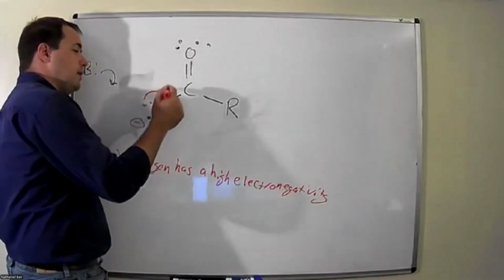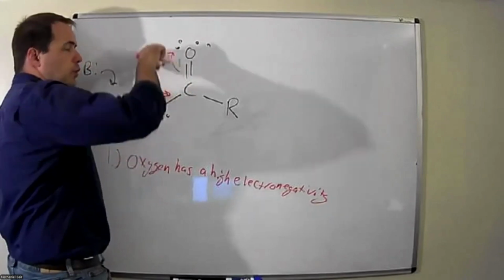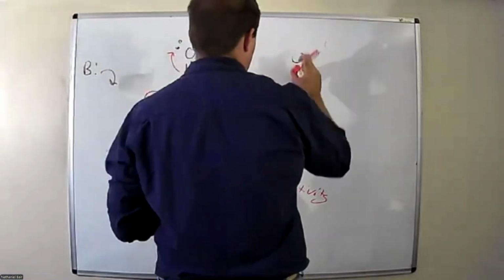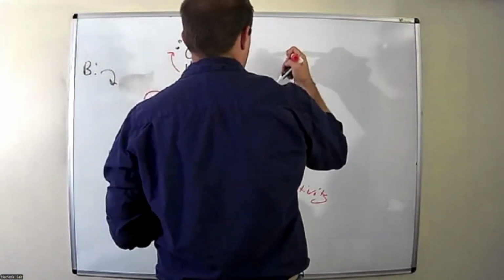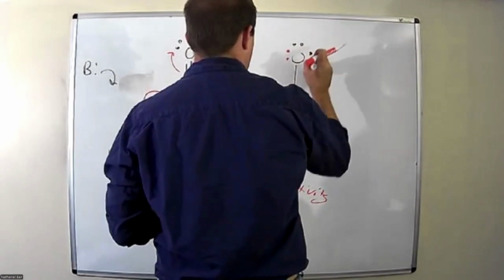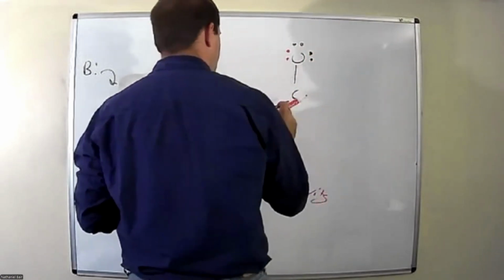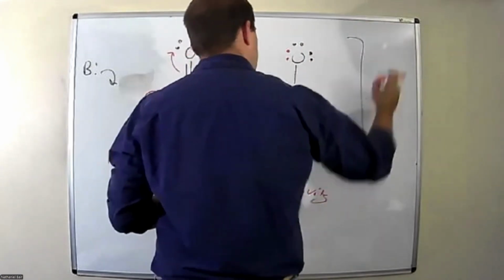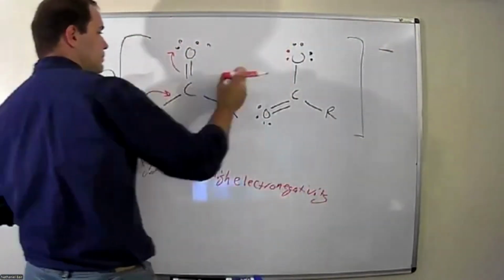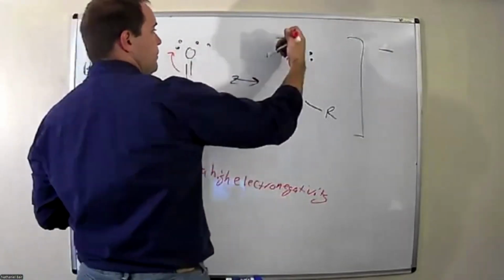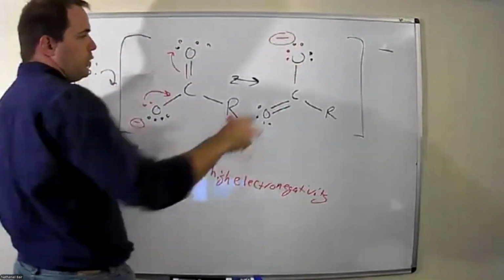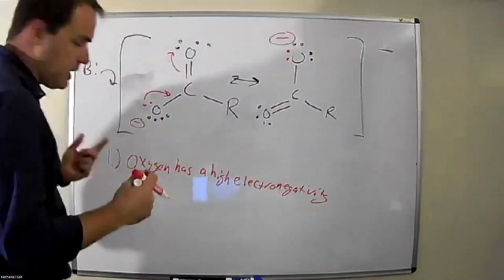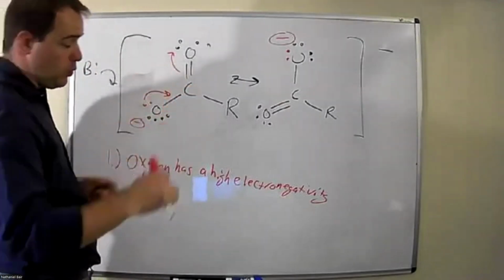So what can happen is we can actually move that negative formal charge up onto the top oxygen, and we have a resonance structure. So it's actually a -1 charge split between two oxygens. It's not even a -1 formal charge, it's a -0.5 formal charge on two oxygens.